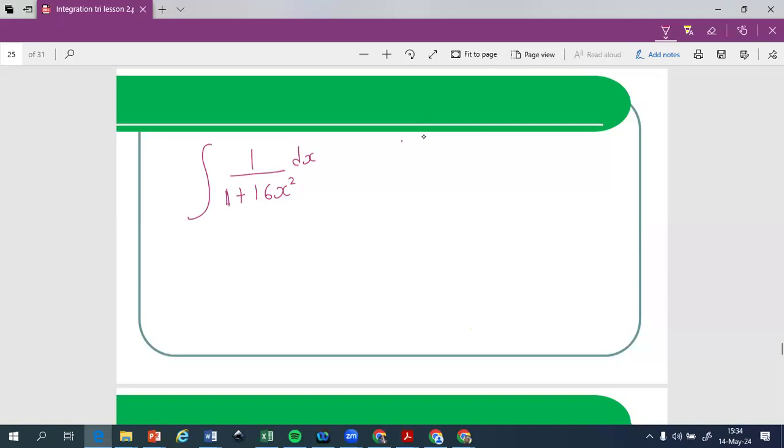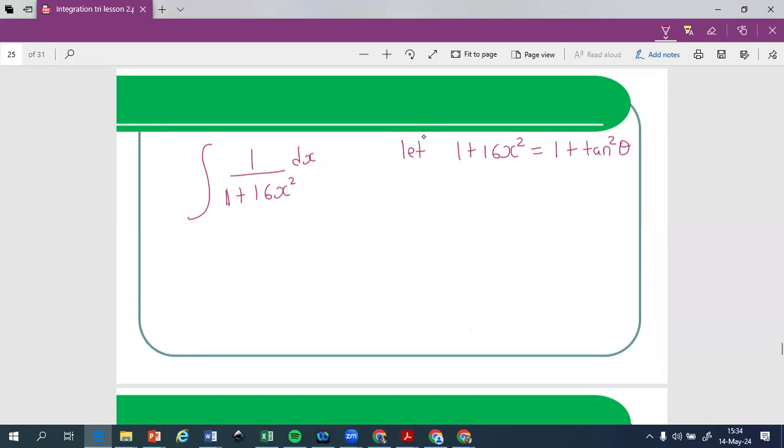You are going to just say, let 1 plus 16x squared equal 1 plus tan squared theta. Members, is that step fine? Are we together there?